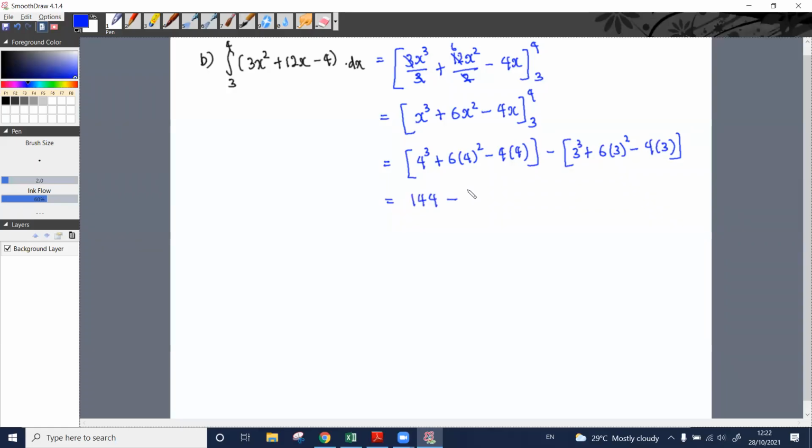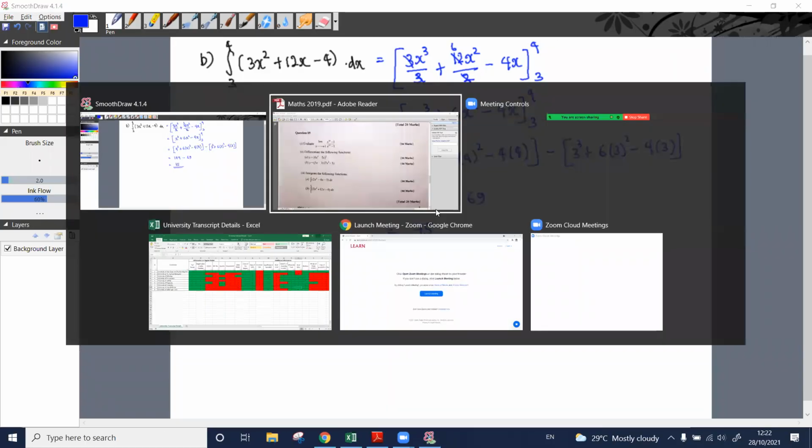Minus 27 plus 6 into 3 squared minus 12, that is 69. 144 minus 69. Therefore, the finite integration value should be 75. The answer should be 75 for part B.